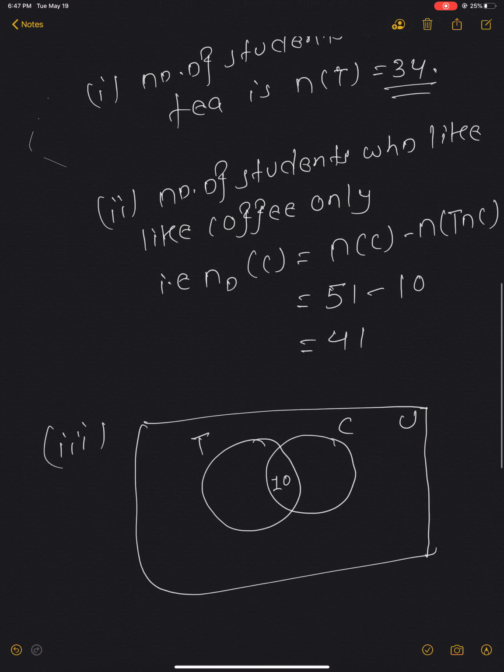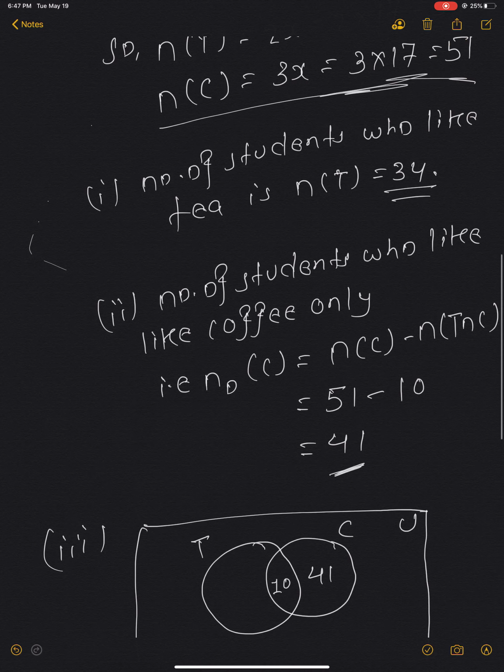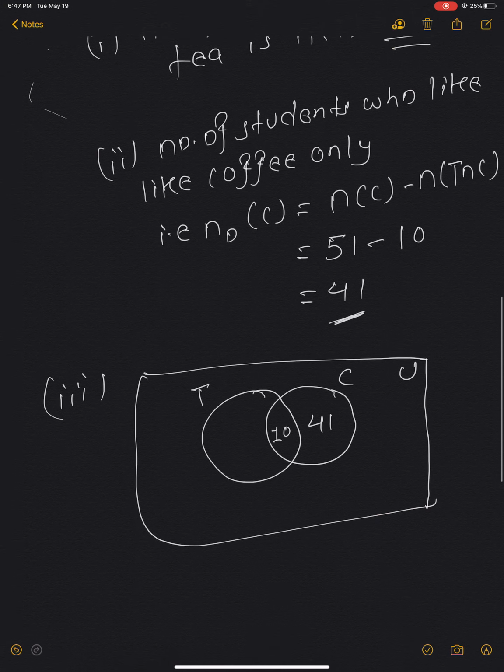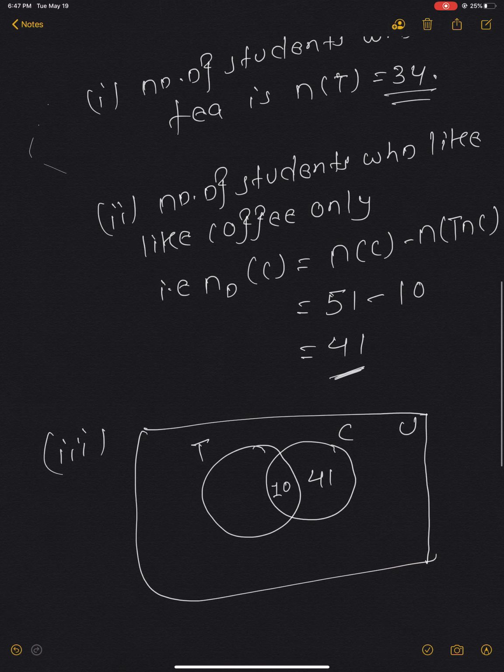And we found out already that coffee only is 41. And n(T) is 34, so this part should be how much? 34 minus 10 is equal to 24. Okay, that should be 24.